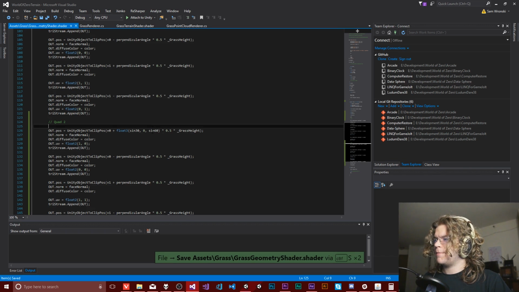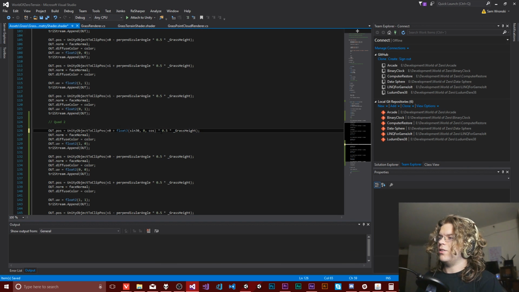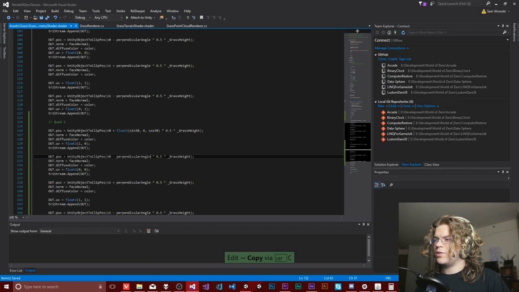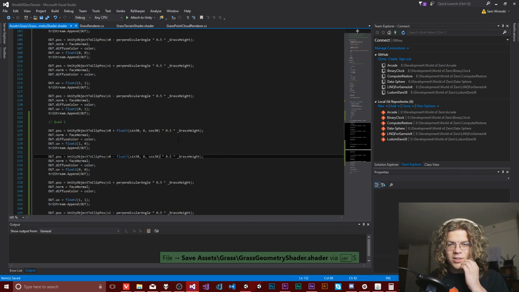Now I can actually take that. We're going to say our sine is going to be along our x, and then our cosine will be our y. So this should get us an angle along that.